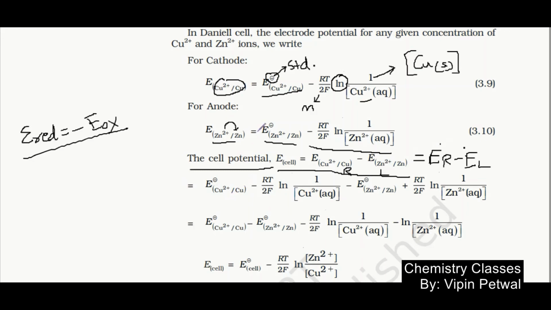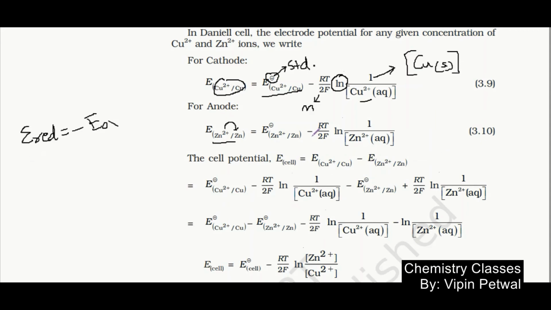Now using equations 3.9 and 3.10, we can put these two equations in the same equation. So we put 3.9 and 3.10 in the same equation here, and then we get a new equation.